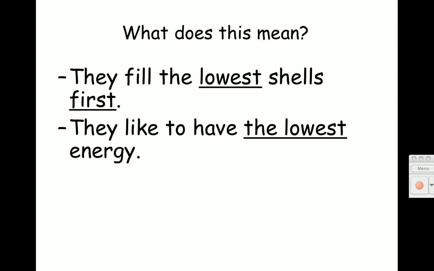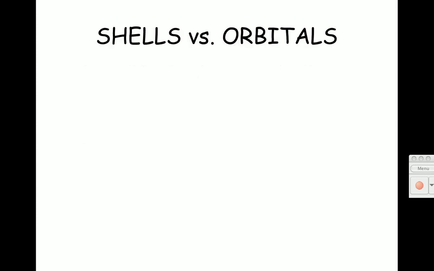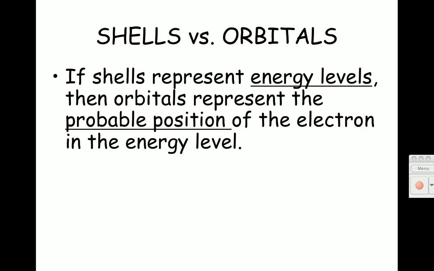Now inside of these shells at these different distances, we have another feature of electron configuration called an orbital. If the shells represent the energy levels, then the orbitals represent the probable position. In other words, when these electrons travel, where we're most likely to find them at that particular energy level.